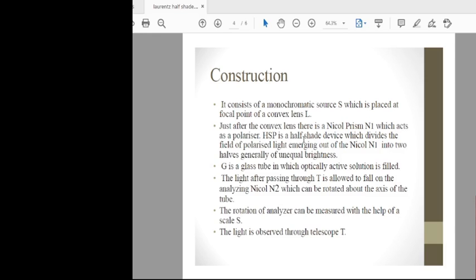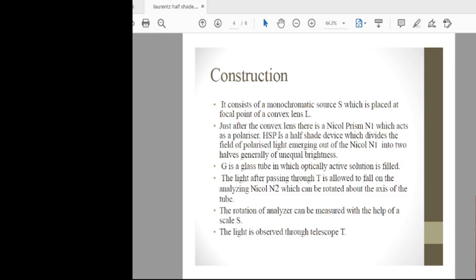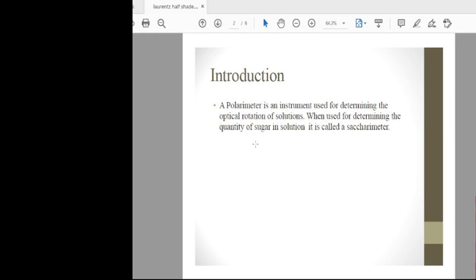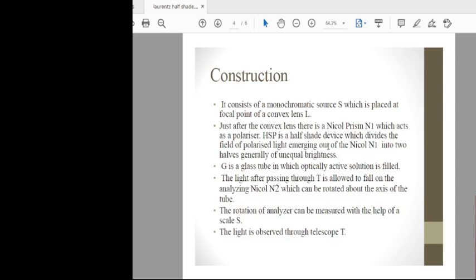It consists of a monochromatic source S, which is placed at the focal point of a convex lens L. Just after the convex lens there is a Nicol prism N1, which acts as a polarizer. Here this is the analyzer.